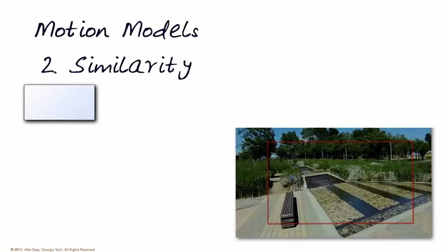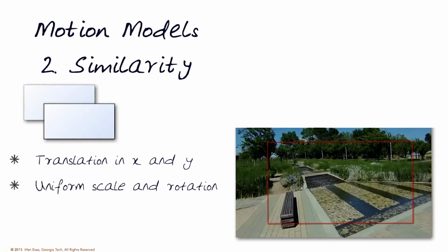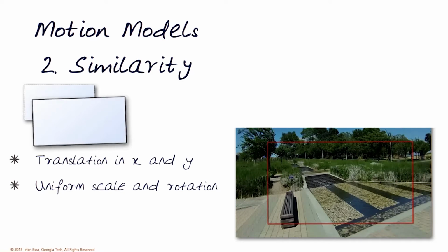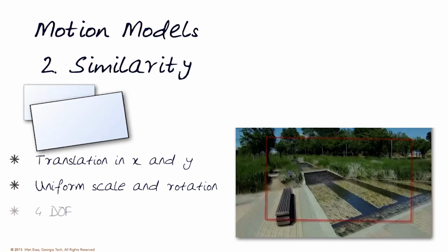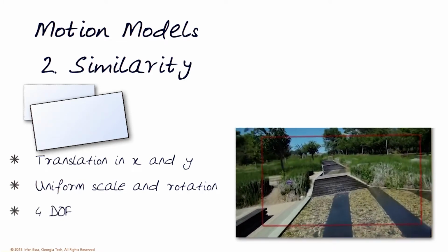Of course, we have learned that when we can't model it with just the translation in X and Y, we can also start thinking of adding rotation and perhaps scale into the equation. So let's do that. We can look at translation in X and Y, but also add uniform scale in both X and Y, and rotation. We know very well that that is a 4 degree of freedom model, where now we have theta, X and Y, and the scale.